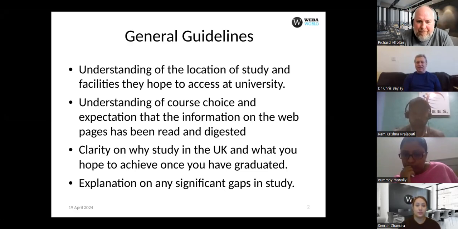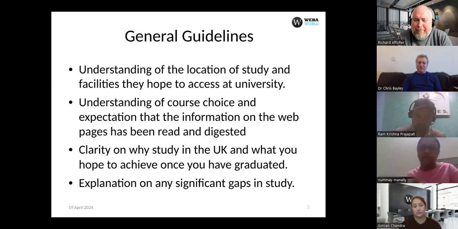Third is the clarity on why they want to study in the UK and what they hope to experience and achieve once they have graduated. And the fourth is any explanation of gaps in study. So this would be more for master's students rather than bachelor students.